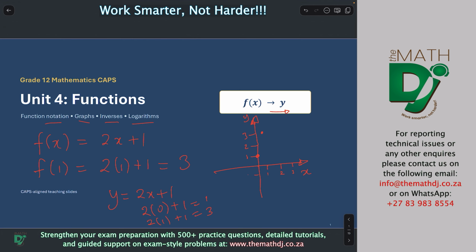Right, so this is minus 1, 2, minus 3, 1, minus 2, 3. Let's say if x is equal to minus 2, then that will be 2 times minus 2 plus 1, and that's minus 3. So when x is equal to minus 2, y is equal to minus 3 somewhere.